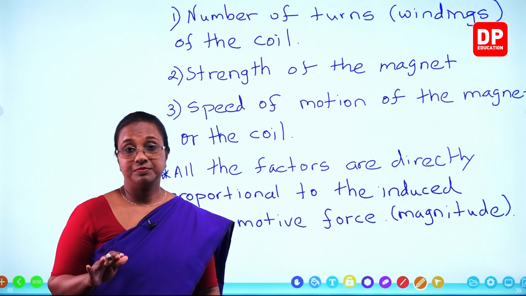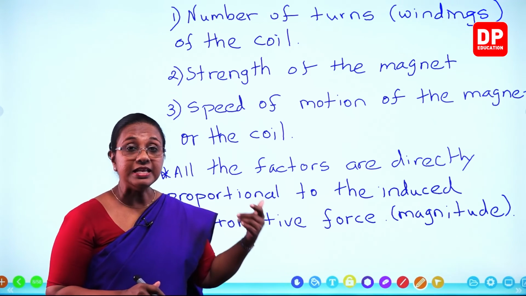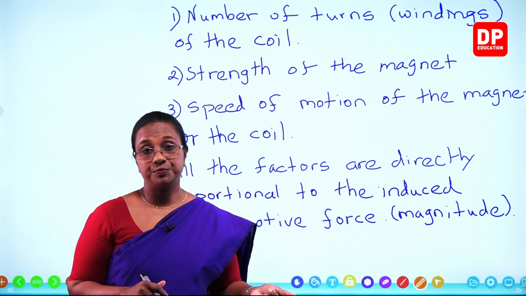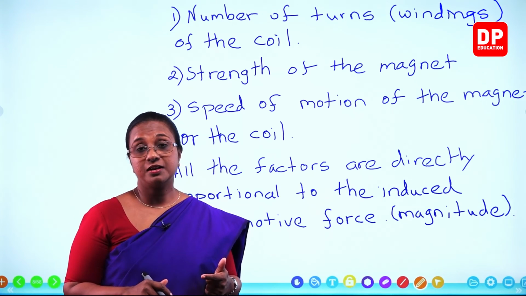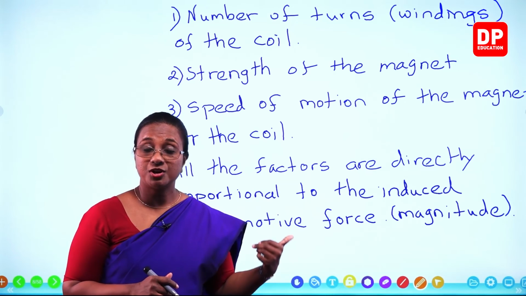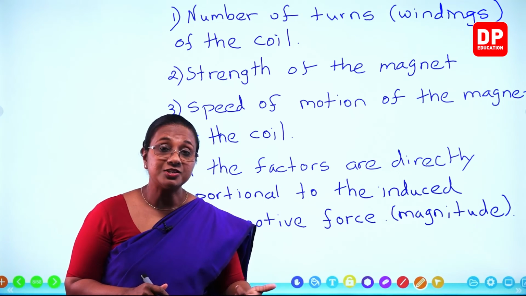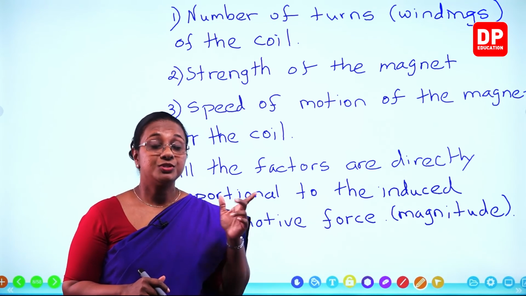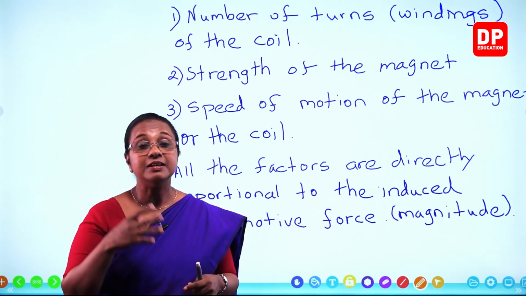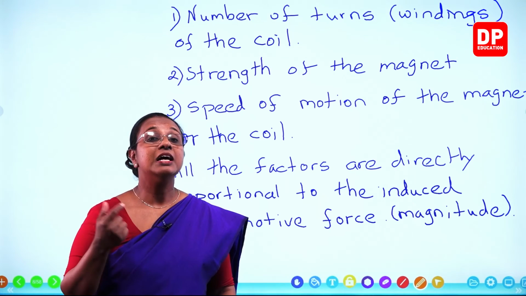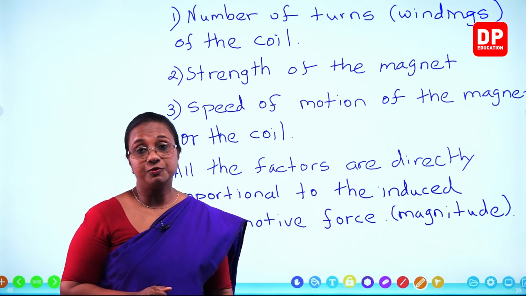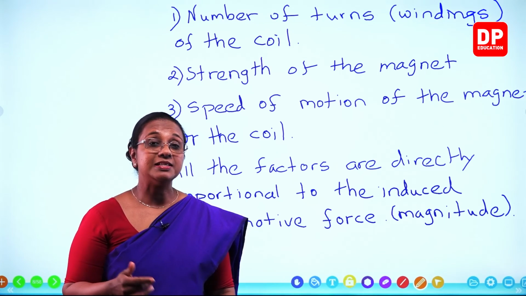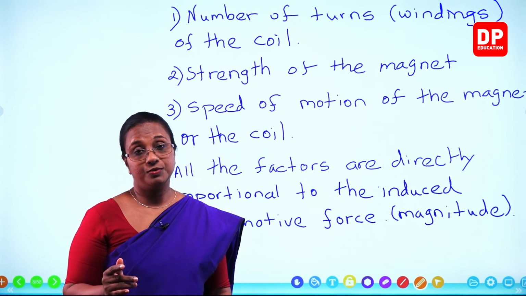At the same time, here also the induced electromotive force gives rise to a current flow. And the direction of the current flow depends on the direction of the magnetic field and the direction of the force, that is the movement. So there also we can predict or determine the direction of the current flow. For that, we have Fleming's right-hand rule.